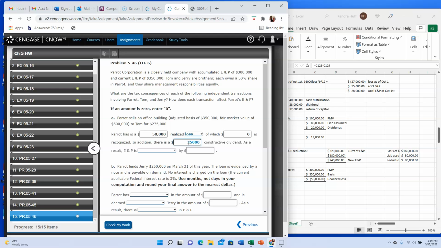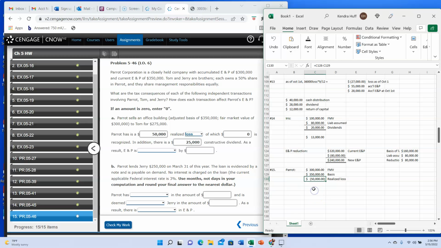$25,000 constructive dividend. Tom paid $275,000 for the property with a fair market value of 300. So property purchased, property sold, however you want to look at it, take the difference between those two.